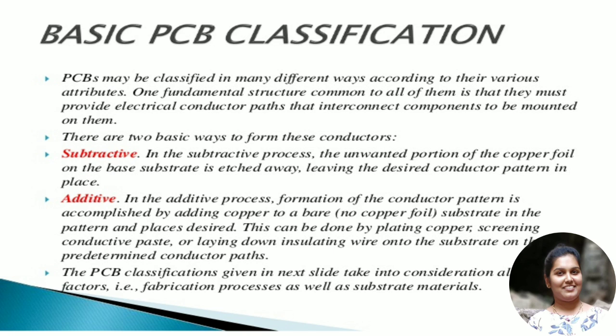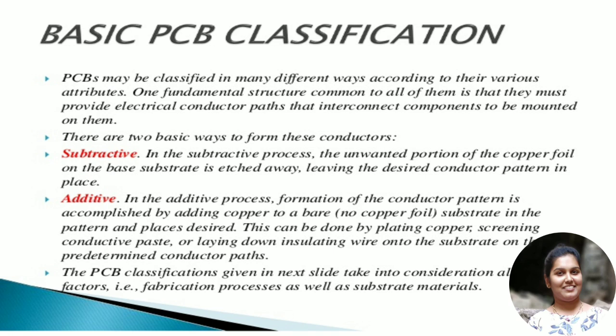In the subtractive type process, the unwanted portion of the copper foil on the base substrate is etched away. Etching is the process of removing the unwanted PCB material. So in the subtractive process, the unwanted portion of the copper foil which is coated on the plastic base substrate, which we call the PCB, is removed, and we just leave the desired conductor pattern in place.